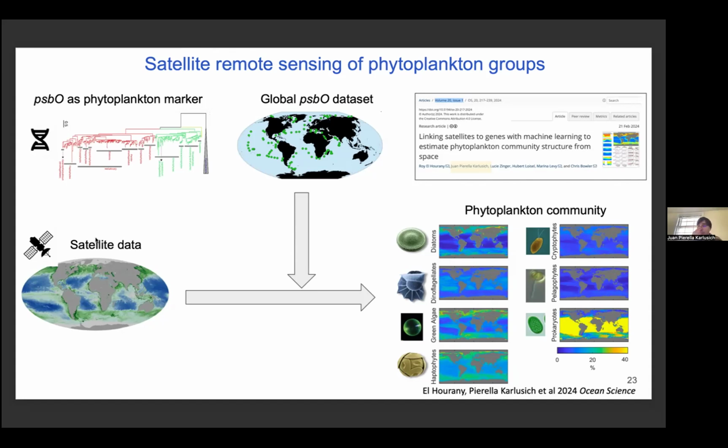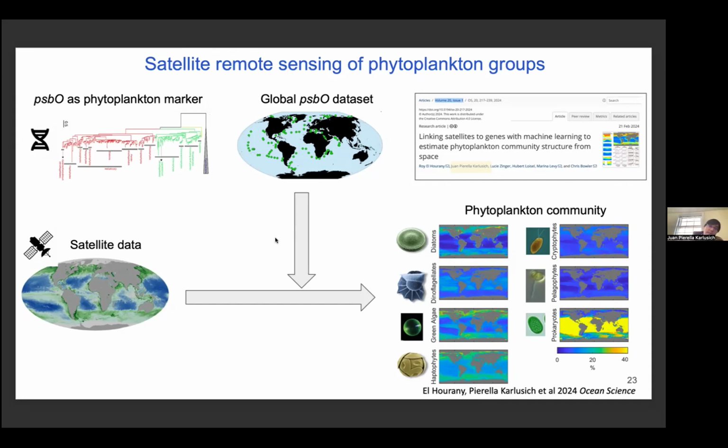One of the main limitations currently for this integrative approach is that the number of metagenomes obtained from the ocean still is not so big. We are talking about 100 or 120 sampling stations.